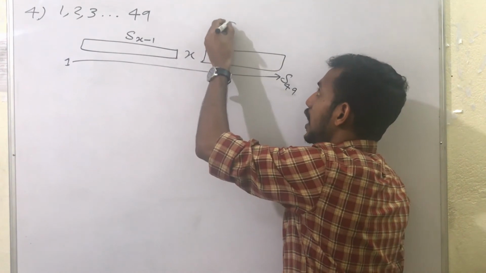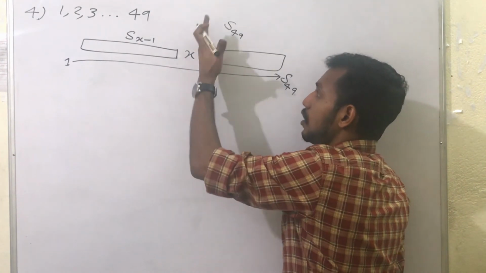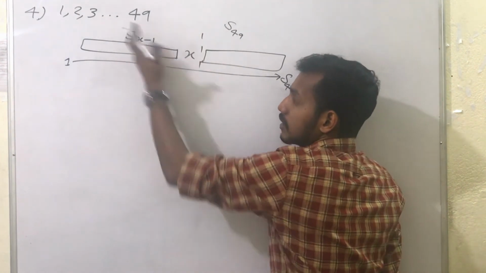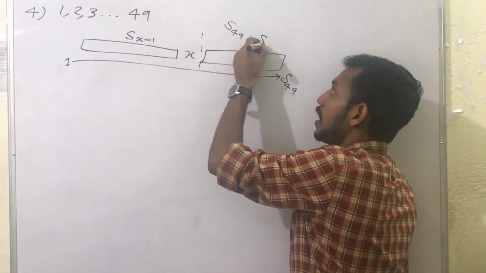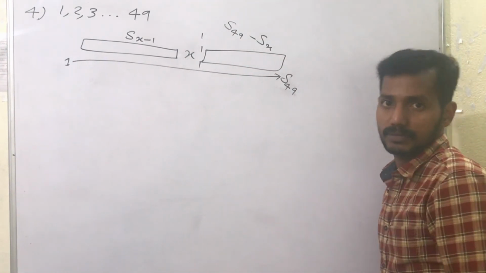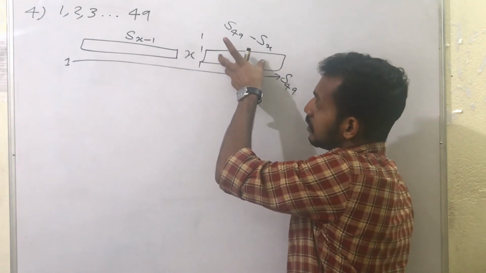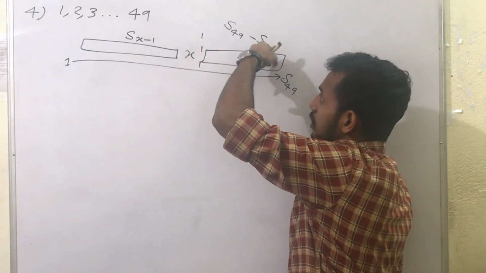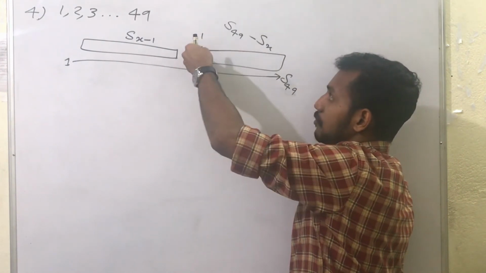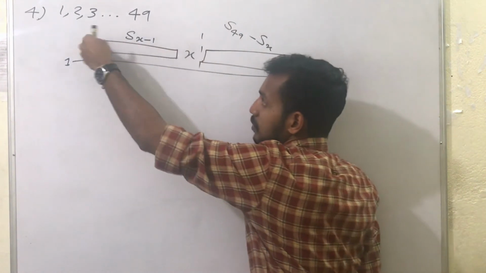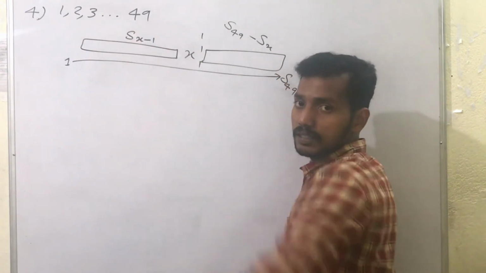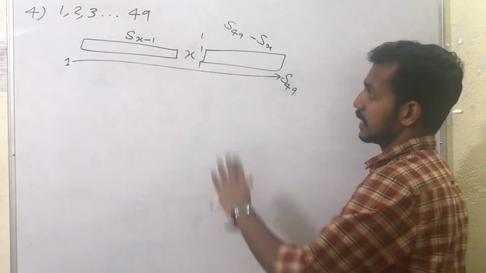That will be the sum of 49 minus up to here, that means the sum of x. That will be the sum of the numbers of the houses following it, and this will be the sum of the numbers of houses preceding it.